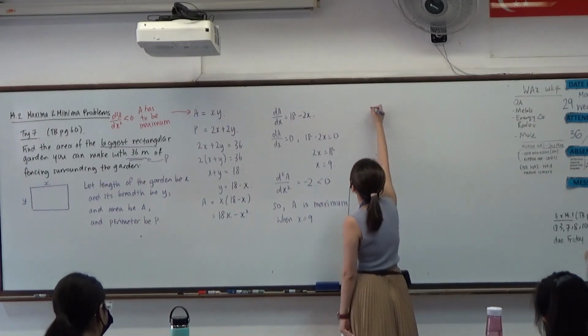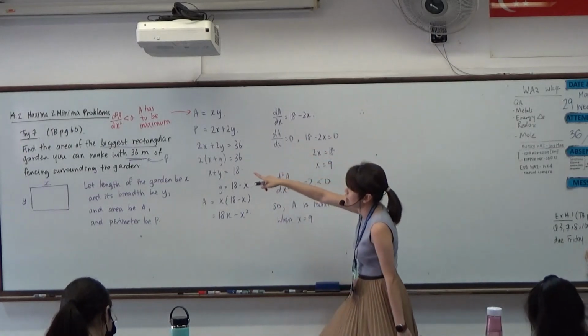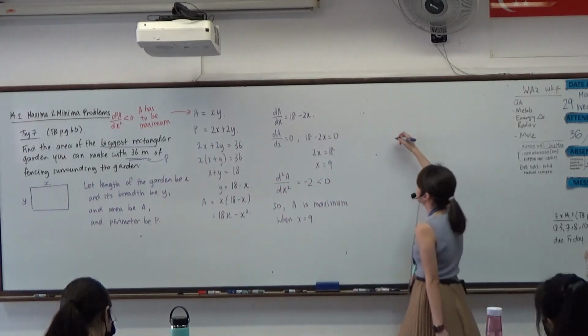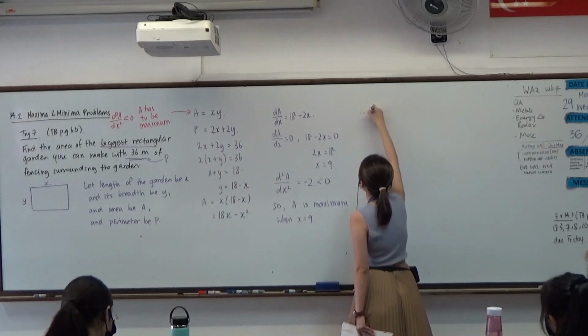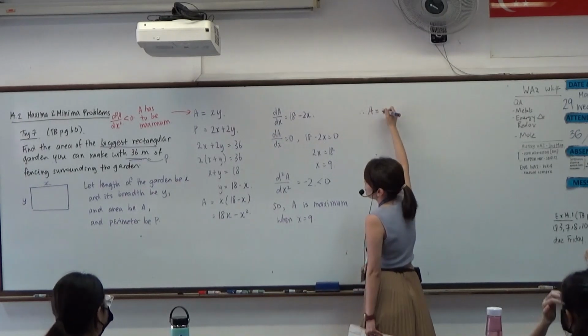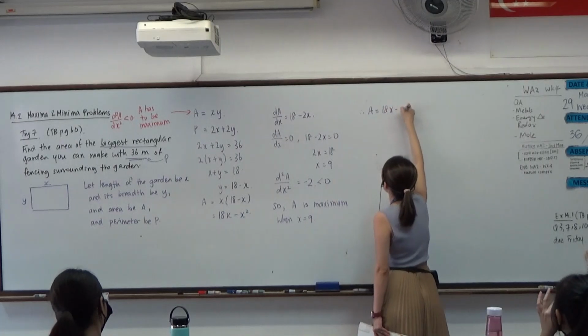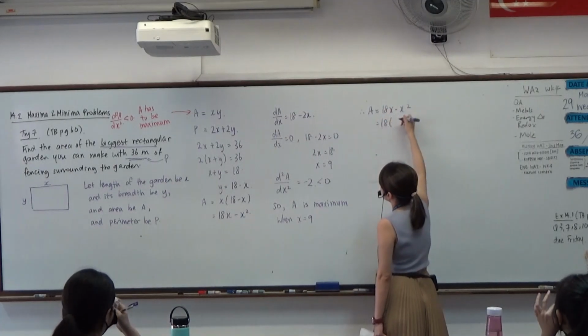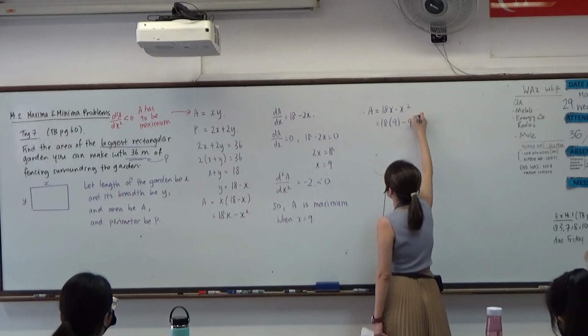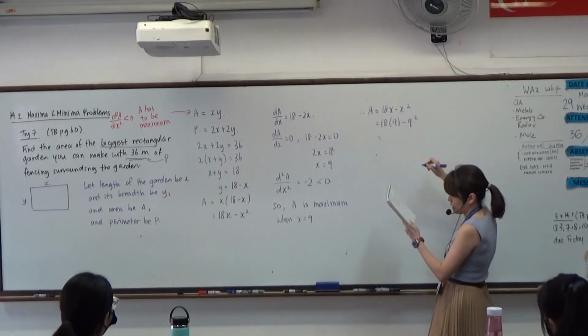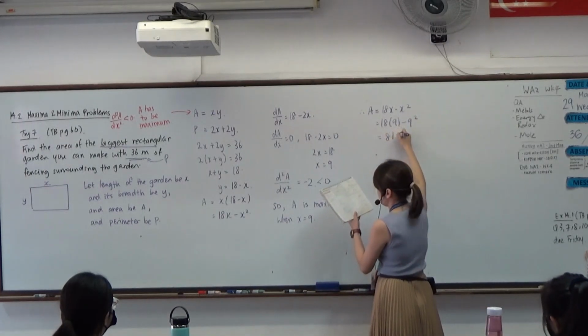And then therefore, to find out the area, because the question wants us to find area, A equals xy, which is x times 18 minus x, 18x minus x squared. We would get 81 meters squared.